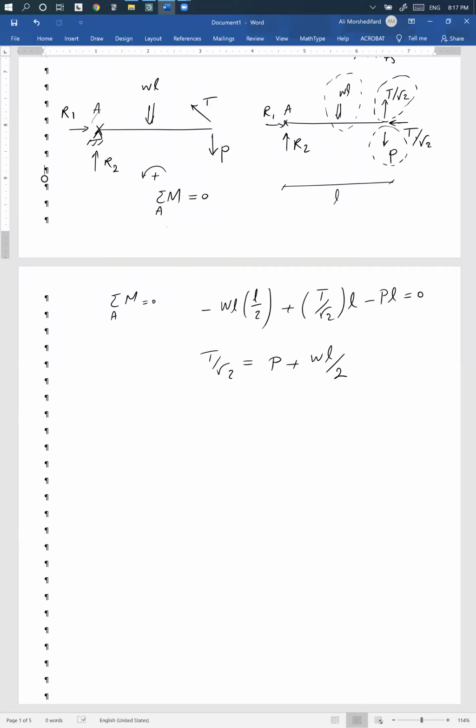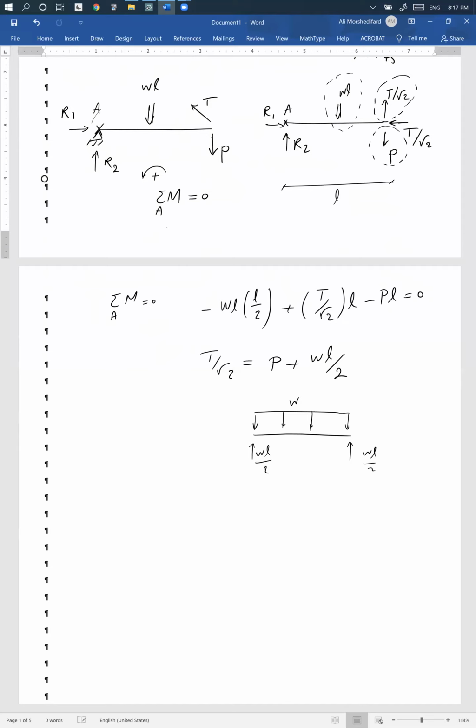All right, so let's consult our feelings about this. We got one answer here. It is telling us that the vertical component on the right end should be P plus half of WL. It makes sense, right? If you have this distributed load, you expect half of it to go here, half of it to go here.